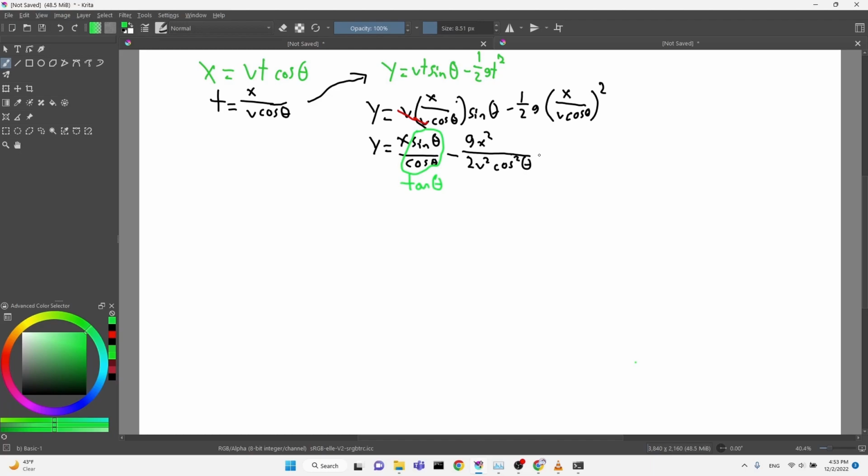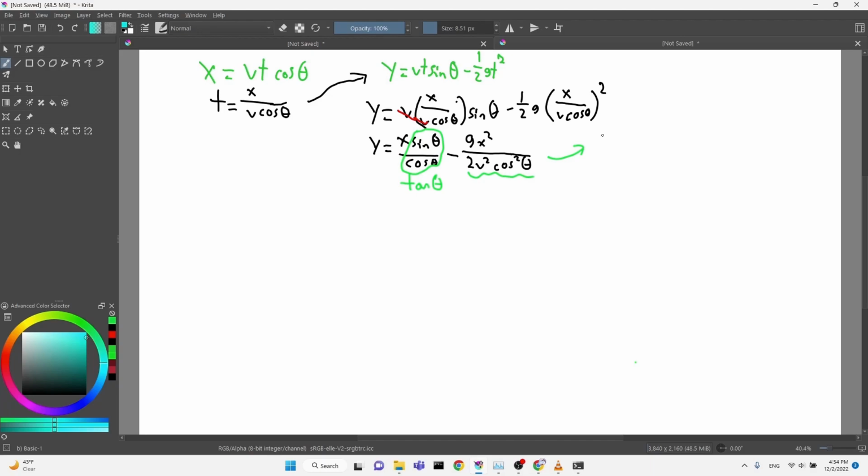But there's one more thing we could do to this equation, and it has to do with this term. Now, if we go over here and choose a different color, because I'm a color person. So now we have this term over here, gx squared over 2v squared cosine squared theta.